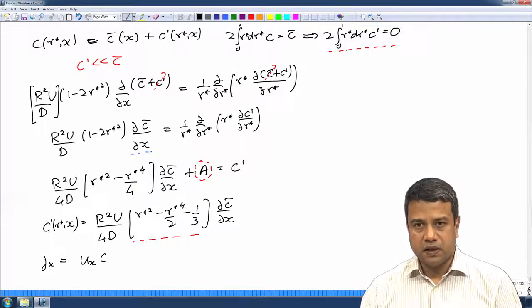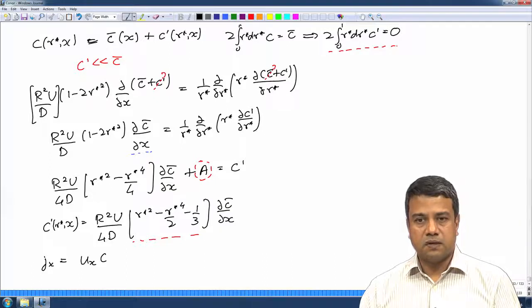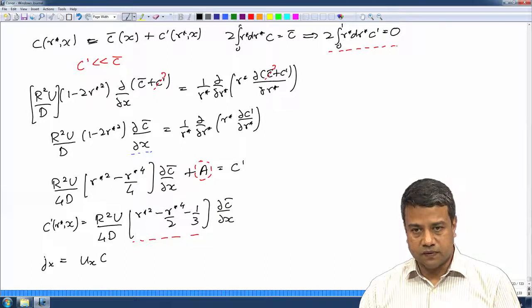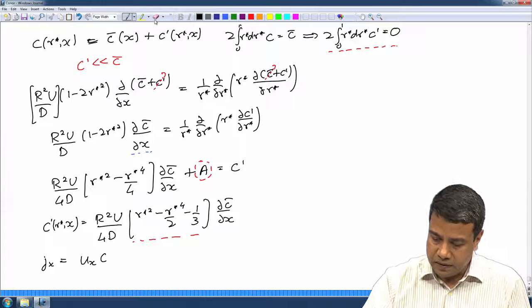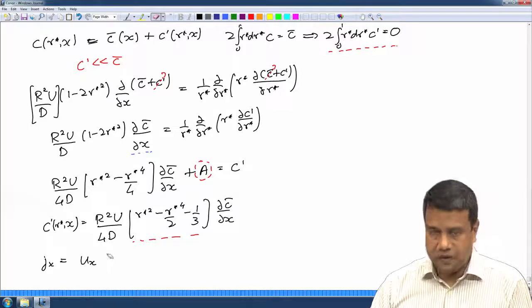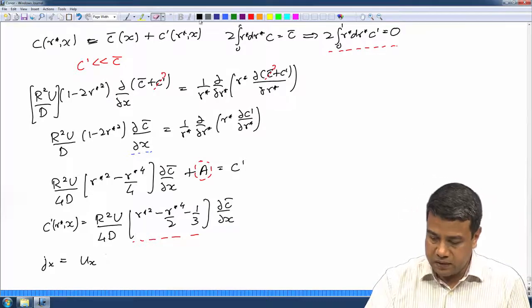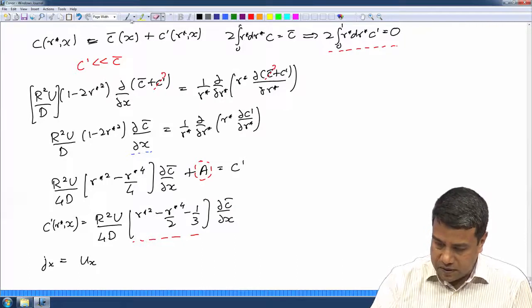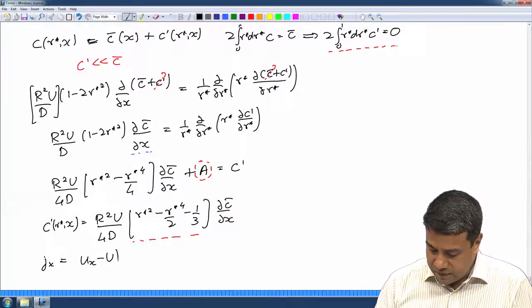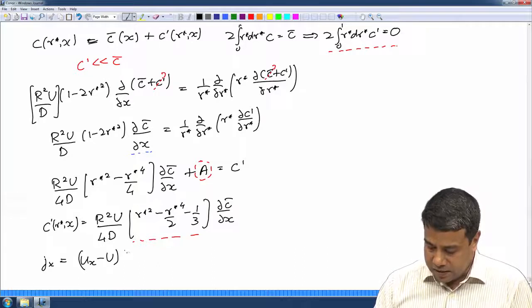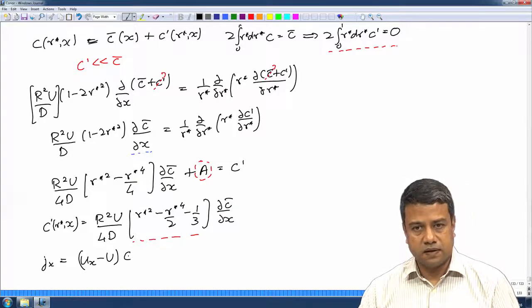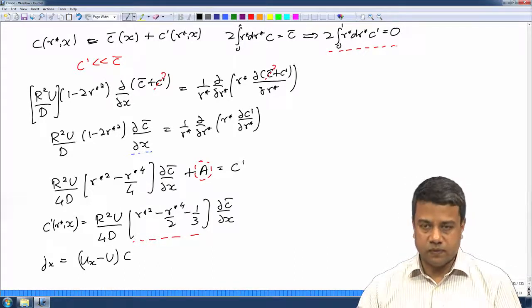In this particular case, we are in a reference frame that is moving with the velocity u. Therefore, the flux in a reference frame moving with the velocity u has to be equal to the local velocity minus the velocity u, times the concentration.